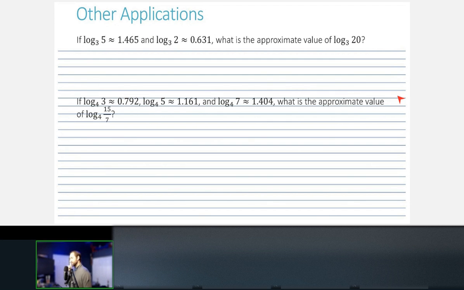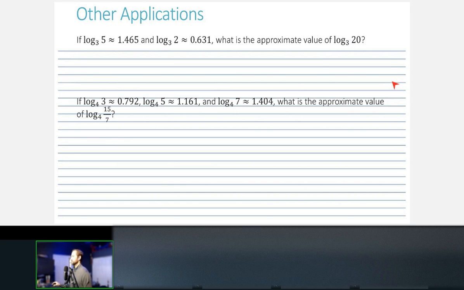Think about everything we learned today. Well, we can only use these given values to solve for this. So what can I do to this?